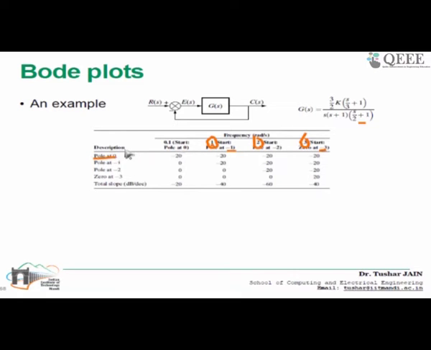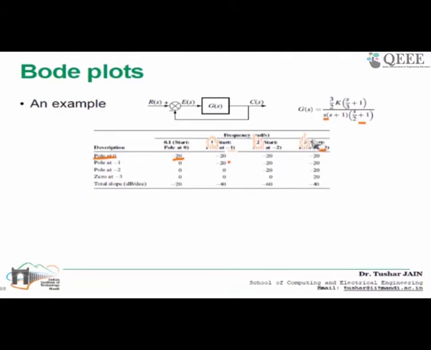We know that the pole at 0 contributes a slope of -20 dB, and this -20 dB holds for the rest of the breakaway points. So we start from here, -20 for this, for this, for this as well. The pole at -1 will start contributing its slope of -20 dB from this point only, right?